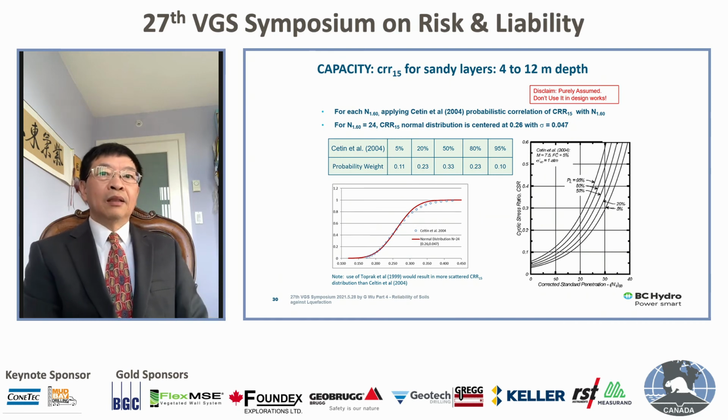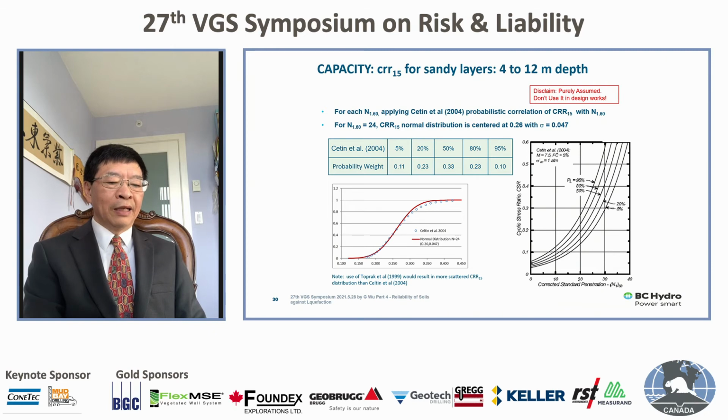On the capacity side, I have shown you 11 numbers for the N160. I will also show you the variation between N160 and the cyclic resistance ratio on the right figure, which is from Seed's 2004. You can see there are 5 curves, so they don't all liquefy at the same curve. 95% of them will liquefy if the N160 is less than shown on the top line.